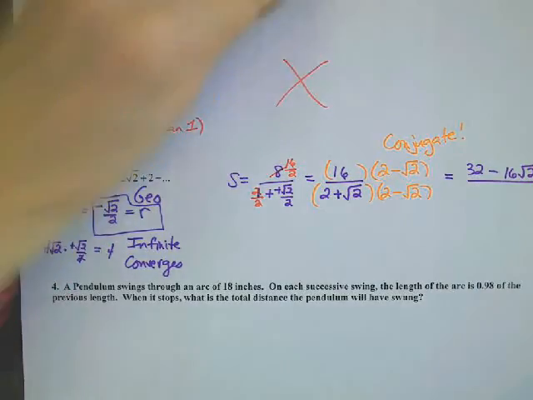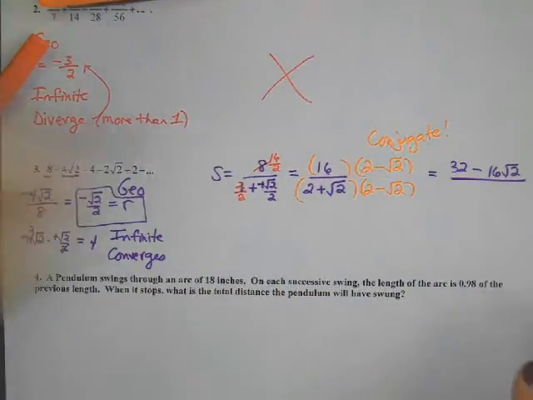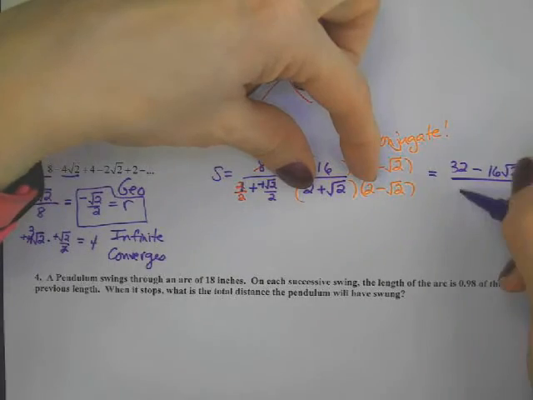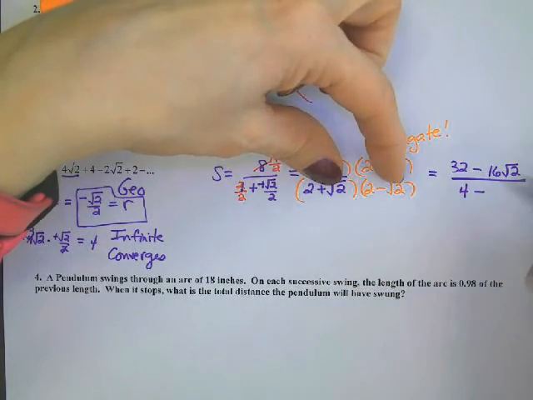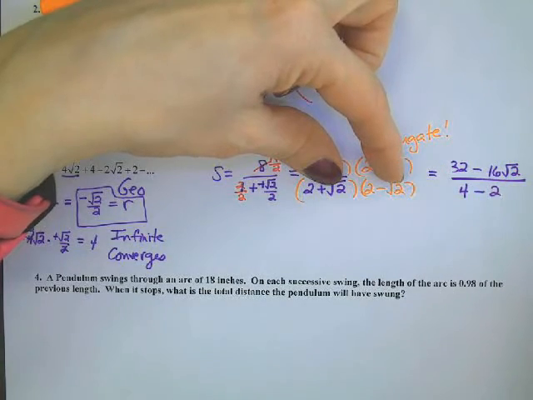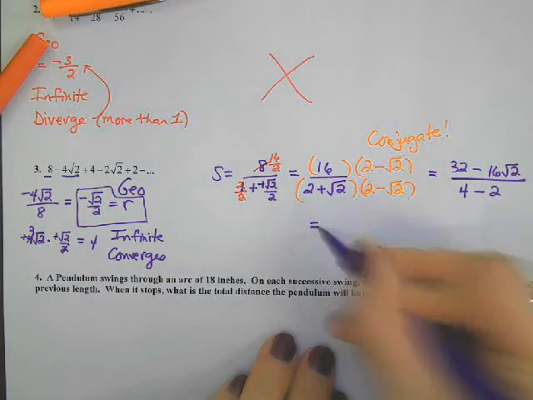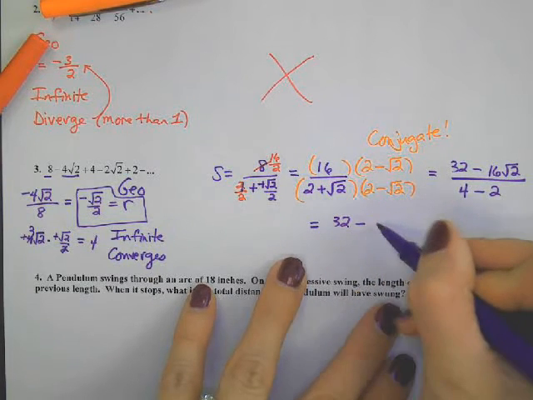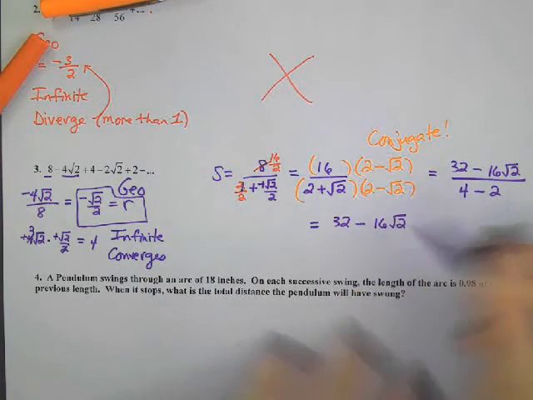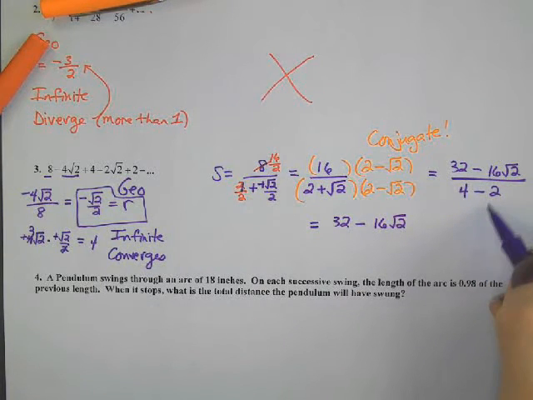In the bottom, a difference of squares. All I really need to worry about is firsts, which is 4, minus lasts. Radical 2 times radical 2 is a plain 2. And so now we're at the point where we have 32 minus 16 radical 2, and the denominator is 2.